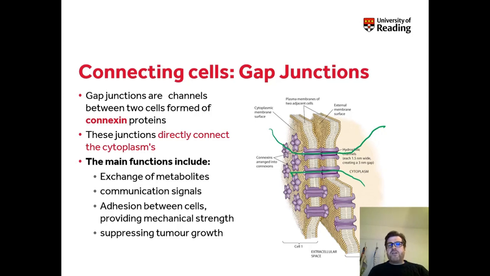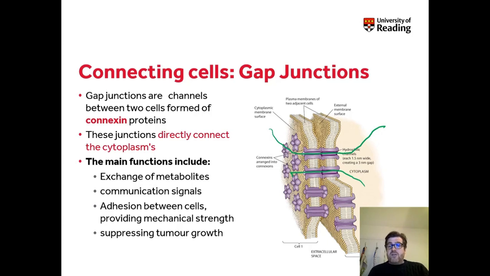Now, the main functions of gap junctions allow cells to exchange metabolites and communication signals, but as well as that, because the connexin structures forming the gap junctions tend to be in large plaques, they also help cause adhesion between the cells.